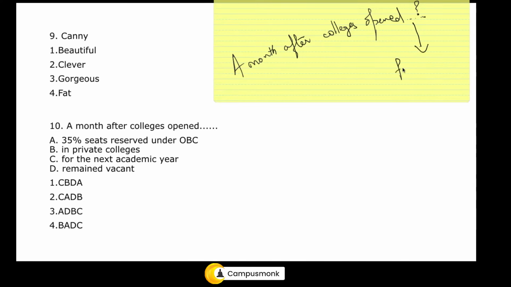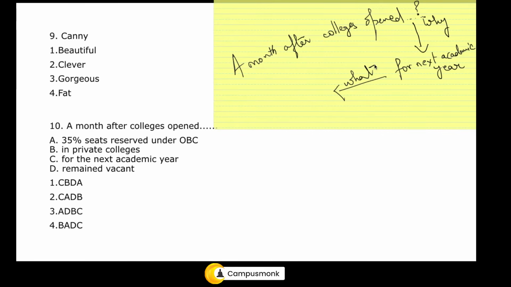It's open for the next academic year. Okay, now what will you do in that next academic year? You'll grant admission. Okay, so for admission we know that there are seats reserved. So what comes next? That the 35% seat reserved under OBCs.